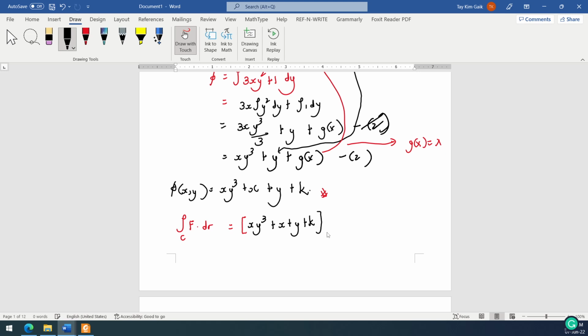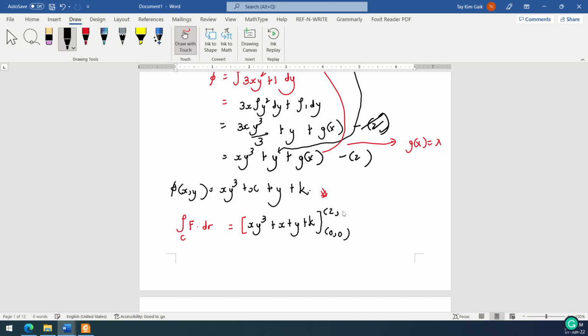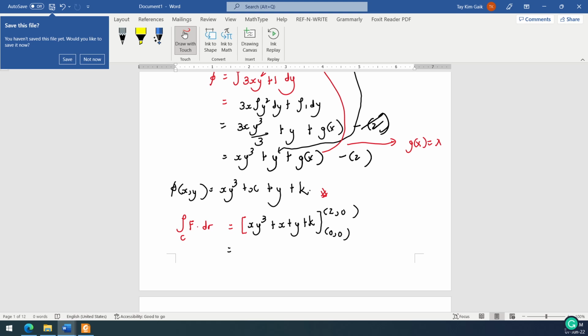The lower limit is the starting point, which is (0, 0). The upper limit is the ending point, which is (2, 0). Then you may quickly use a scientific calculator or evaluate it manually.